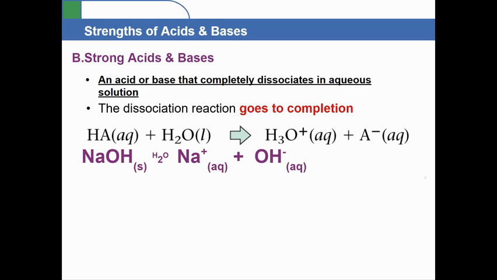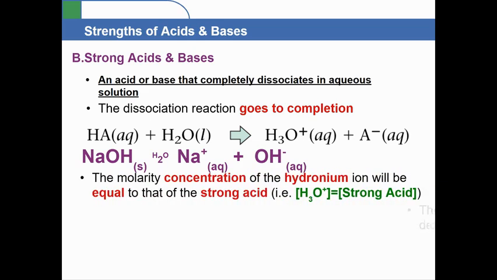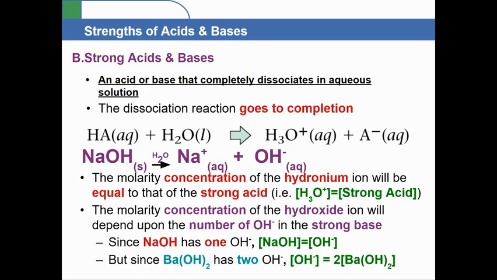Here's an example of a sodium hydroxide that dissolves in water. Again, a one-way arrow to produce sodium ions and hydroxide ions. Now, both of these are strong acids and bases.